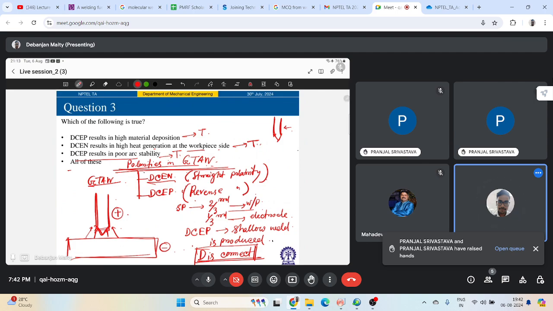If more heat is generated at the electrode side, it will melt more, and that results in high material deposition, right? Same for the electrode negative. The explanation is the same for all 3 points.